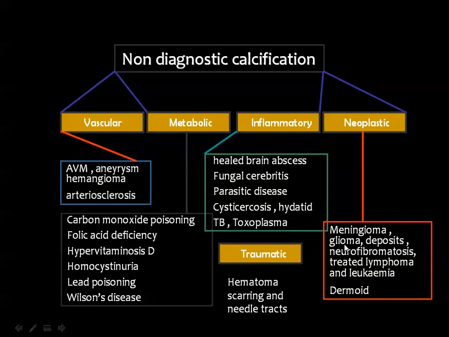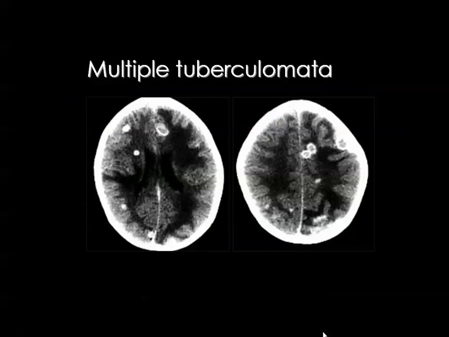Sometimes some types of gliomas, like the oligodendroglioma, deposits, neurofibromatosis, lymphoma, and leukemia after treatment, and in cases of dermoid cyst. Also, traumatic lesions like the hematoma and the scarring or the needle tracks may show some calcium. And this is just an example until we can manage this infection in the lecture of intracranial inflammation and infection.